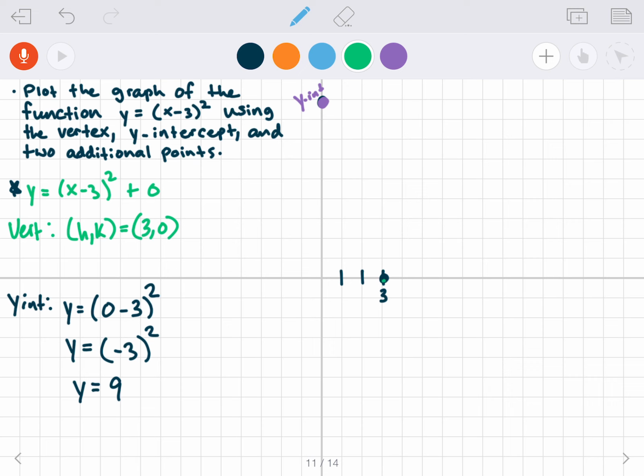This is my, maybe I'll write this here, this is my vertex. Okay, now I want to plot 2 other points, and I can do the trick that I did in the last video, or you can just pick points by hand if you want. I'm going to make a little t-chart right here, and I have x and I have y.